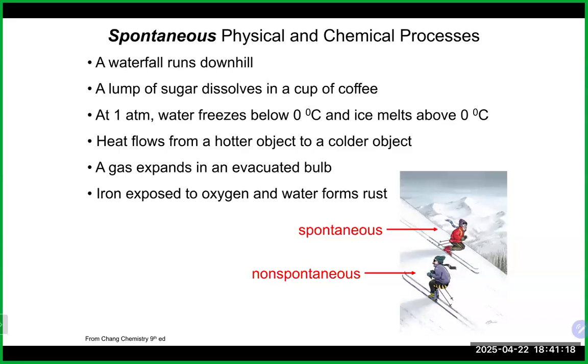Sugar will dissolve in hot coffee. Water freezes at 0 degrees and starts to melt above that. As we've been talking about, heat flows from hot to cold. A gas will expand in an evacuated bulb, and iron will rust. All you need is a little bit of moisture and some oxygen, and it will rust.